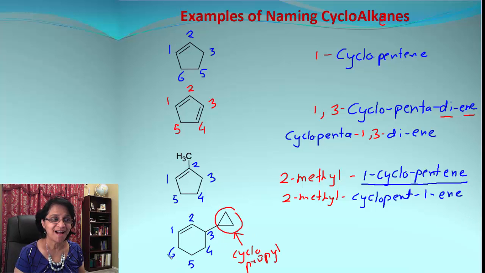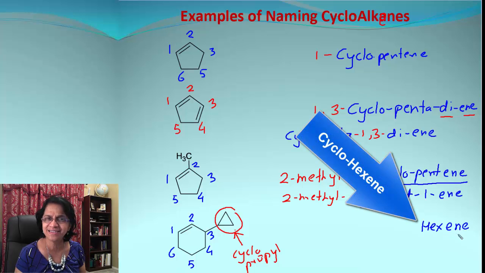So look at this. I already got the numbering for carbon atoms, with the double bond carbon getting number 1. And then we also have a side chain, which is cyclopropyl. Remember, if you get 2 rings, always the smaller ring is considered as a substituent. So what is the parent name? We've got a chain of 6 carbon atoms, so it is going to be hexa, and since we've got a double bond, it will be hexene.